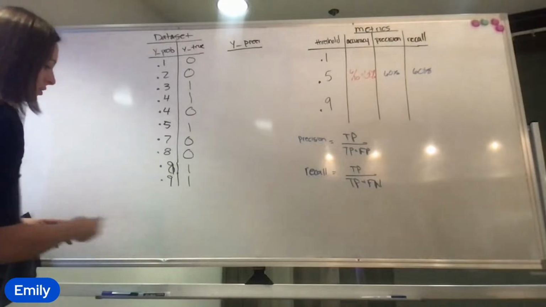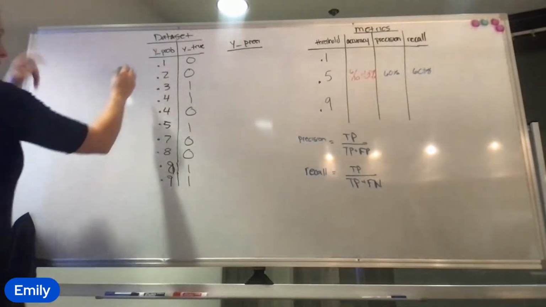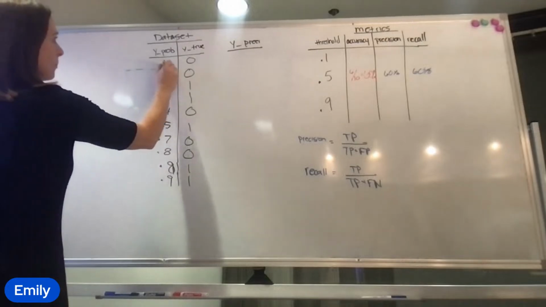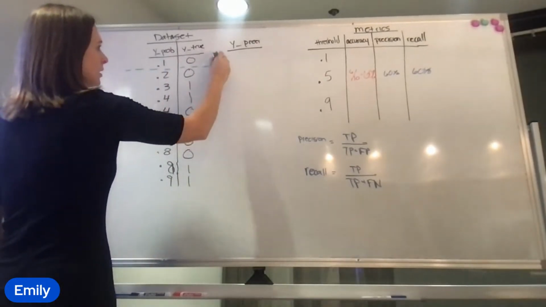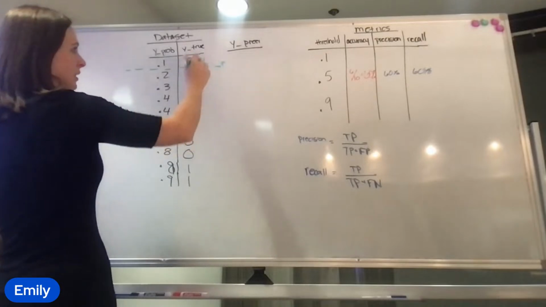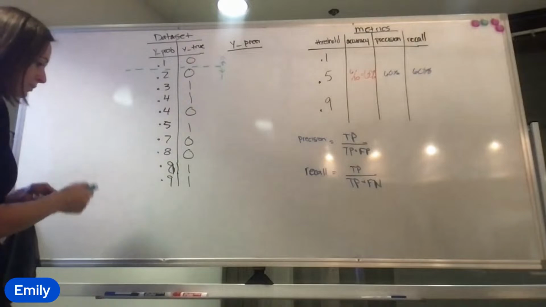Okay, so let's change our threshold here, and we're gonna put this at 0.1, just to be extreme. I don't know that there's a good reason to actually do that. So everything less than 0.1 is 0, and everything greater than 0.1 is 1.